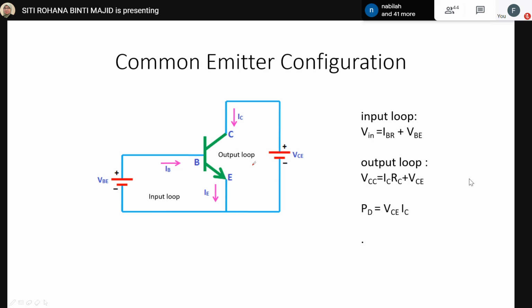It means this terminal is used as a reference, because we have one loop, so there is a higher potential and a lower potential. So the potential difference between these two terminals will be indicated as the input potential difference.